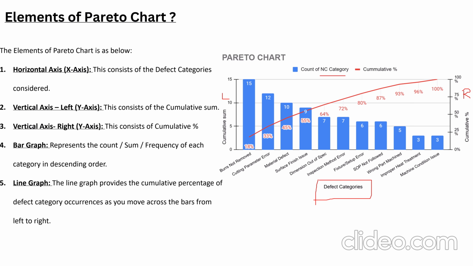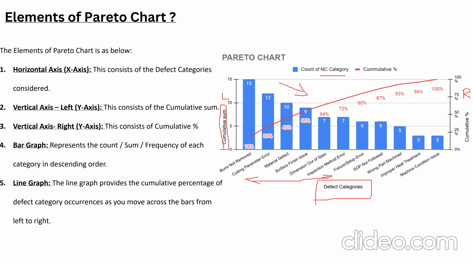The y-axis on the left side provides us the cumulative sum or the frequency, or it provides the axis for the bar graphs, which represents the frequency of each of these defect categories.